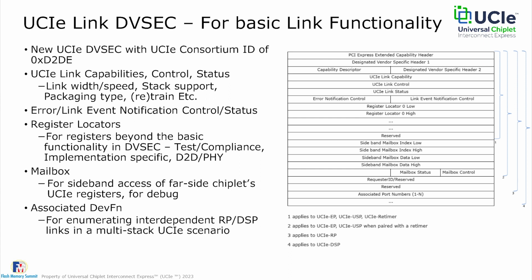Then again, for enumeration, there are independent, interdependent root port and downstream links for a multi-stack UCIe scenario. Once all of these registers are defined, and we expect that every link is expected to support them, it can just be discovered in a standard way.